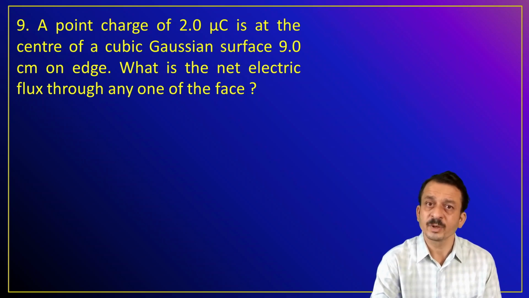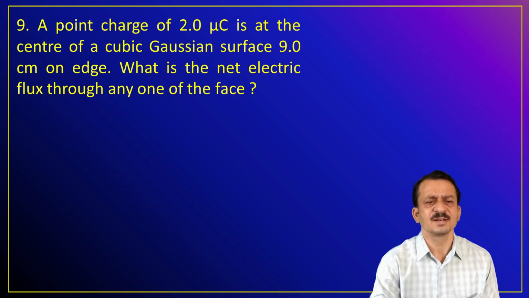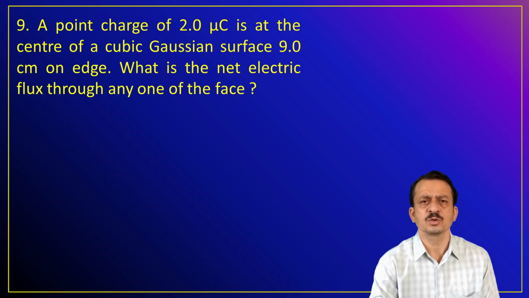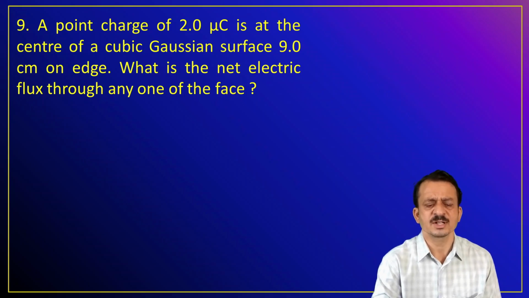At the center of that cubic Gaussian surface, a charge of 2 microcoulomb is placed. The edge is given 9 cm. Now we have to calculate what is the flux flowing through one face. Since the cubic surface is having 6 faces, we have to calculate what is the flux through one surface.